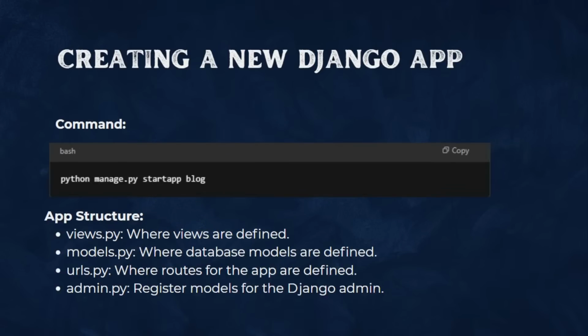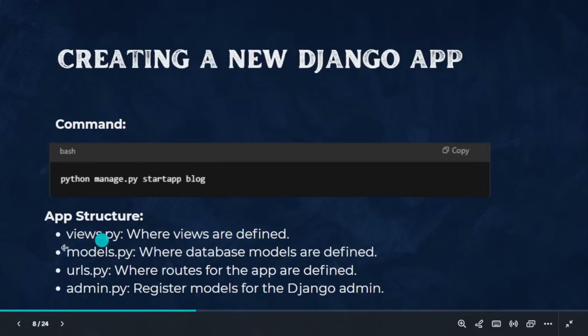After creating the project, we need to create an app for separate features. In the terminal we type python manage.py startapp blog, where blog is the app name. This creates an app folder containing these files: views.py, where views are defined; models.py, where database-related things are defined; urls.py, where routing is defined.